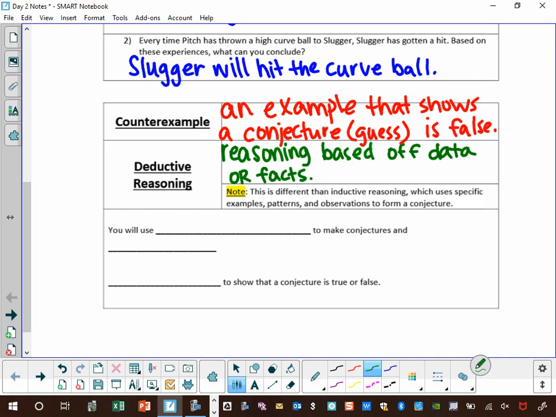I'm reminded of deductive by the word data. So you will use inductive reasoning to make conjectures, and deductive reasoning to show that a conjecture is true or false.